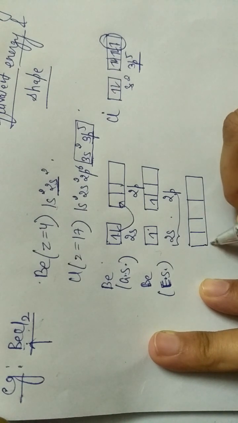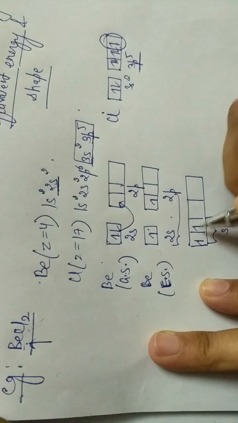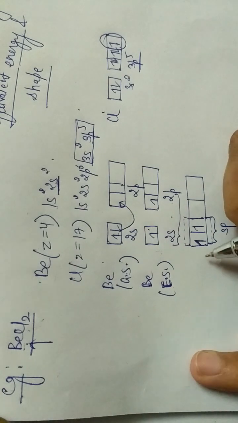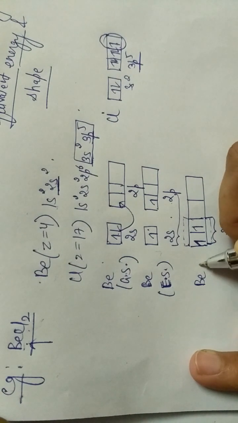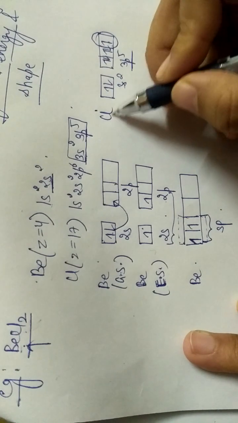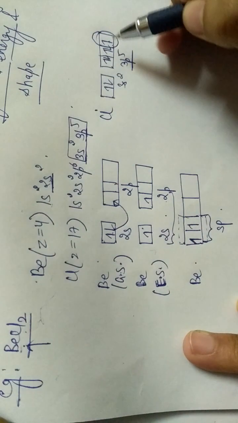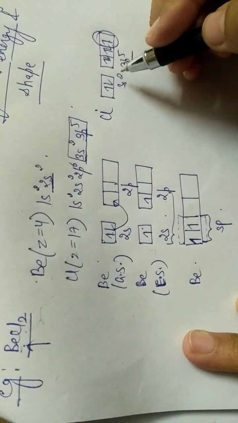So these two orbitals undergo sp hybridization. S and p, that is sp hybridization, or sp hybridized. Now these two orbitals have the same energy and shape. We are talking about two chlorine atoms. Here we have written only the electronic configuration of one chlorine atom.